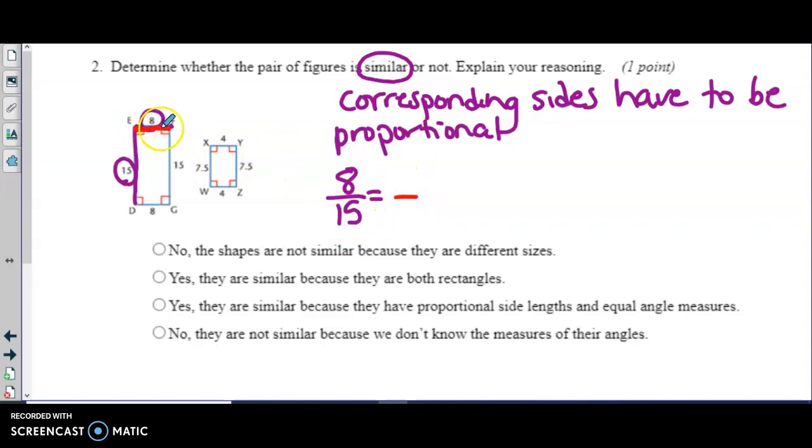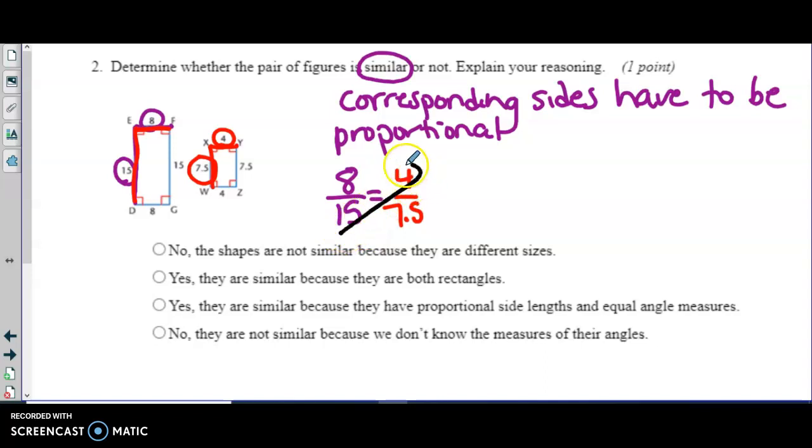So 8 was this little piece right here. So when I go to my second rectangle, I need to make sure that I use that little piece right there on top. And then 15 was this long piece, so I need to make sure that I use this long piece and put 7.5 on bottom. It doesn't matter how you set up your first fraction, but your second fraction has to match it.